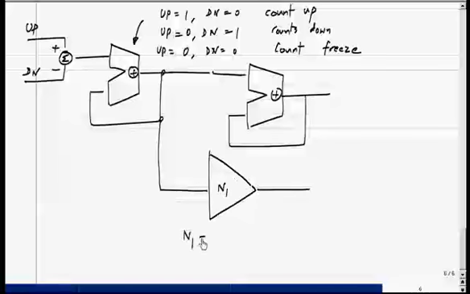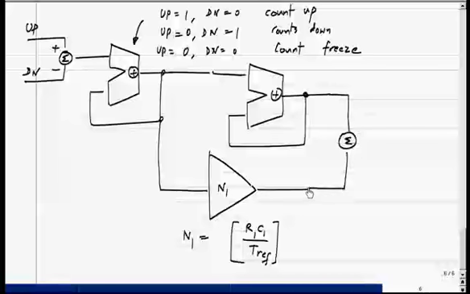N1 is given by the integer closest to R1 C1 by Tref, and the sum of these two is divided by N2.